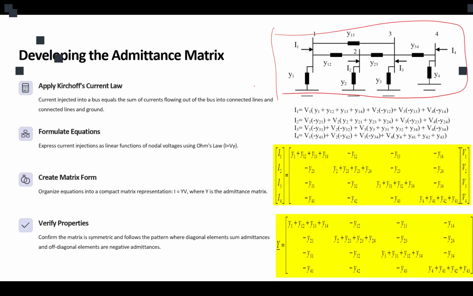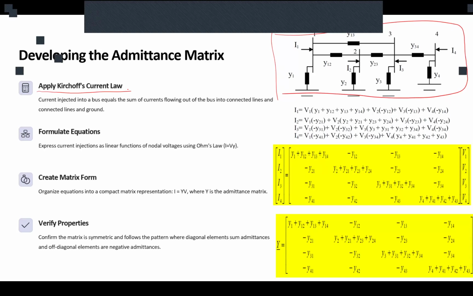Each line would have an impedance or admittance from an electrical circuit analysis perspective, correct? Because there is resistance, inductance, and capacitance. So there is going to be an impedance or admittance. Now, in order to develop the admittance matrix, we simply run KCL through our system.